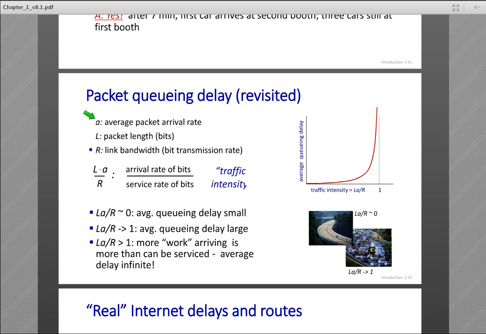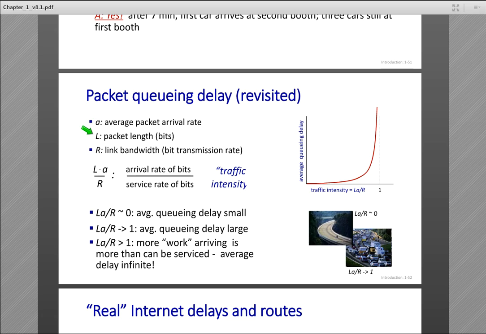A packet, on average, will arrive to a network node. Those packets, on average, have a length of L bits. Each packet has L bit length.